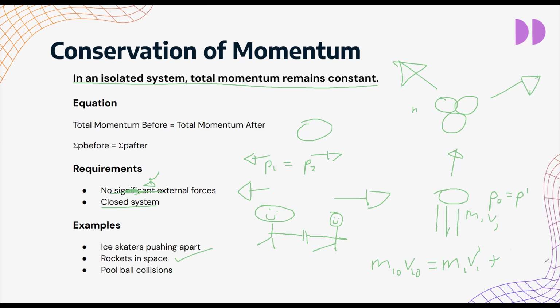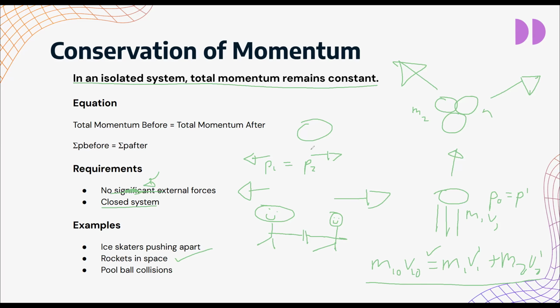Say this is M2, M3. These are all going to have some velocity now, V2 prime. But this equation will stay the same and you can solve for it. So basically, as long as the system is closed and has no external forces, the momentum stays the same. I think you guys get this slide.